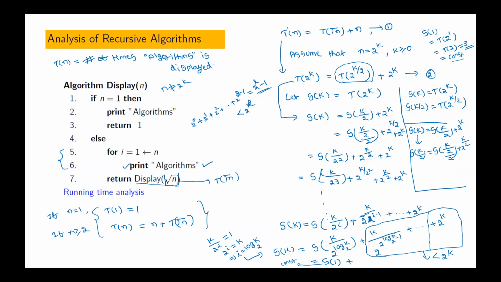Like that, how many terms do I have? How many terms do we have here? K minus 1 terms. Is it k minus 1 or n minus 1?